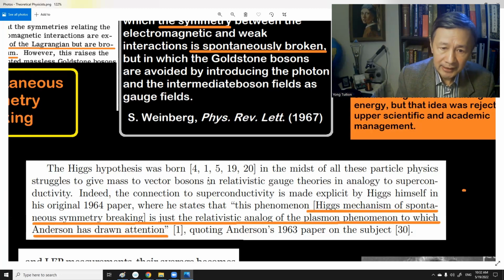Indeed, the connection to superconductivity is made explicit by Higgs himself in his original 1964 paper, where he states that these phenomena, the Higgs mechanism of spontaneous symmetry breaking, are just the relativistic analog of the plasmon phenomena to which Anderson has drawn attention, quoting Anderson's paper in 1963.